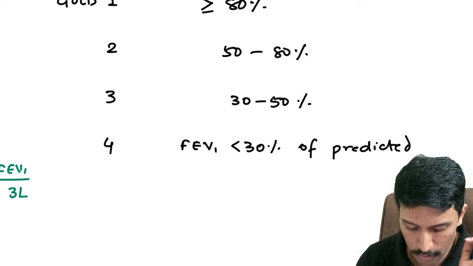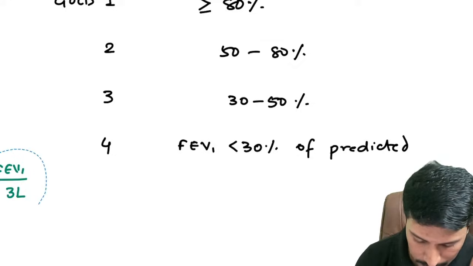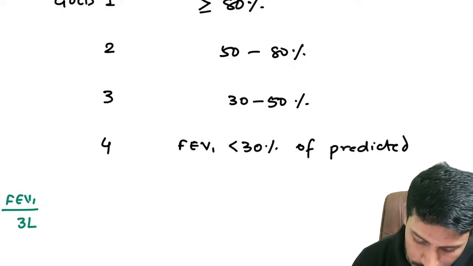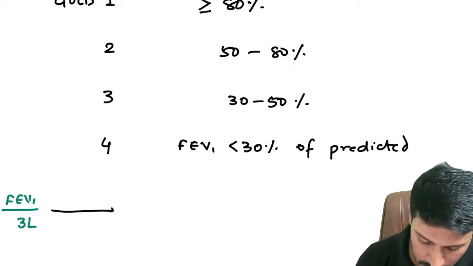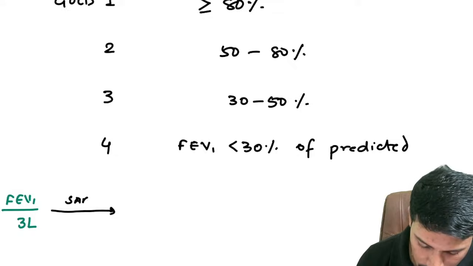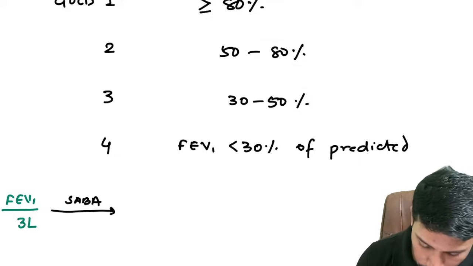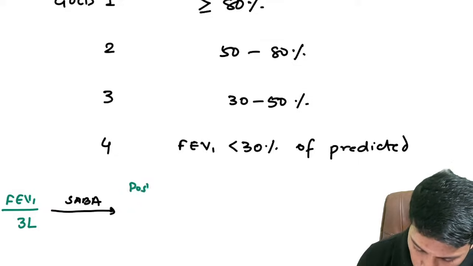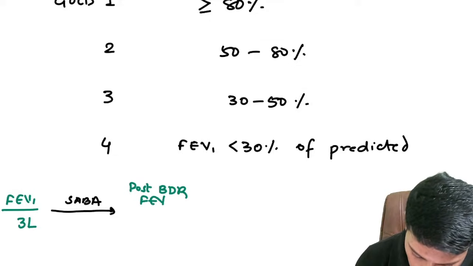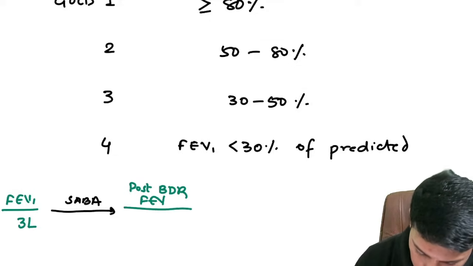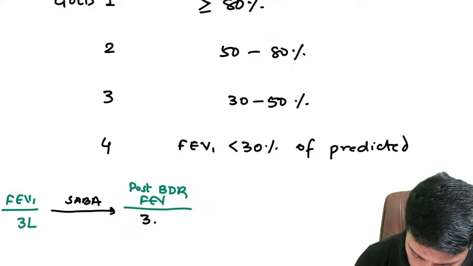Okay, so this is the value I got. After that, let us say we did a bronchodilator reversibility test, meaning we administered salbutamol or any other SABA, and the FEV1 I got now is called the post bronchodilator FEV1. Let us say it is 3.6 liter.